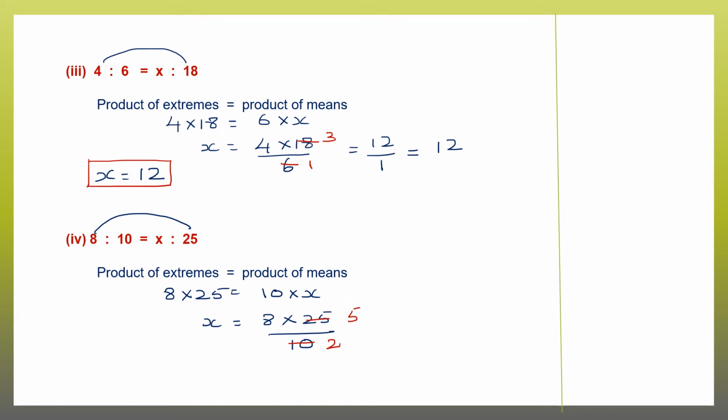I can cancel again 2 and 8. 2 1s are 2, 2 4s are 8. Now let's see what's left in the numerators. 4 into 5, 4 5s are 20 by 1, which is equal to 20 itself. So x here is equal to 20. The value of x is 20.